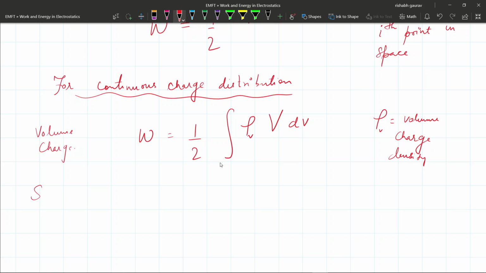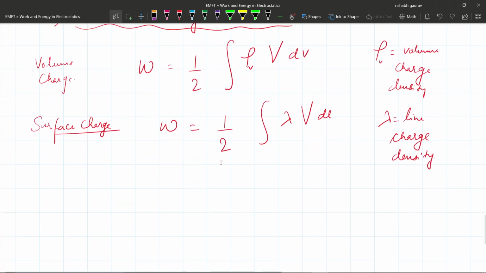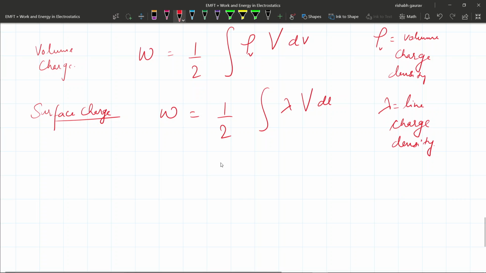Similarly, if we have got line charge, then the total energy stored in the system will be given by the integral, let's say lambda is the linear charge density, half integral of lambda V dl, where dl stands for differential length.